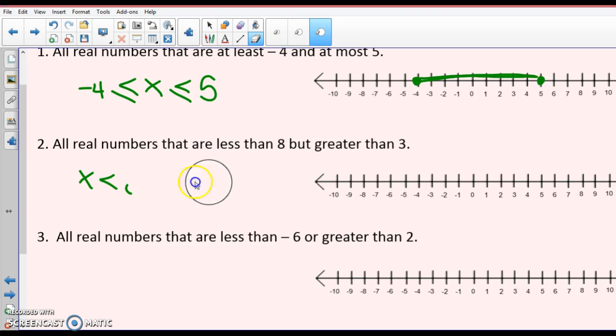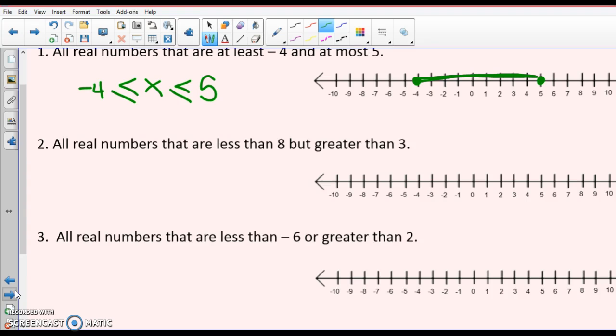Yep, I thought that was a -8. Are less than 8, but greater than 3. So X is greater than 3 and less than 8. Always start with the smallest number, work your way up, X goes in the middle. Now, open circle on 3 and 8 and shade in between.